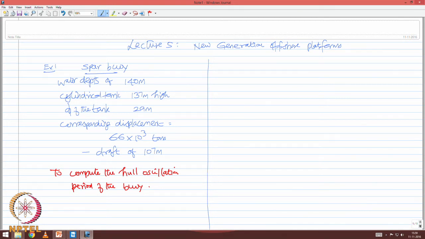To calculate the heave oscillation, we need to estimate the restoring force in the vertical direction.